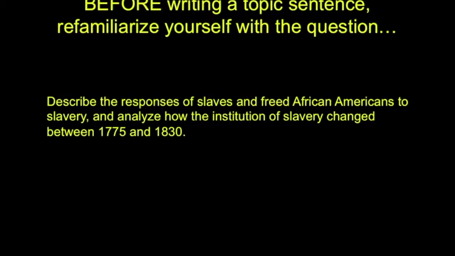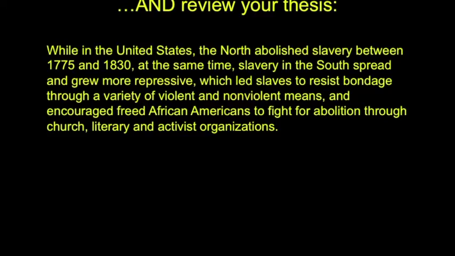So, what might effective topic sentences for our example essay question look like? First, refamiliarize yourself with the question. Describe the responses of slaves and freed African Americans to slavery and analyze how the institution of slavery changed between 1775 and 1830. Next, review your thesis. While in the United States, the North abolished slavery between 1775 and 1830.